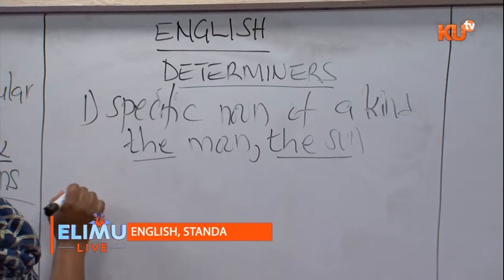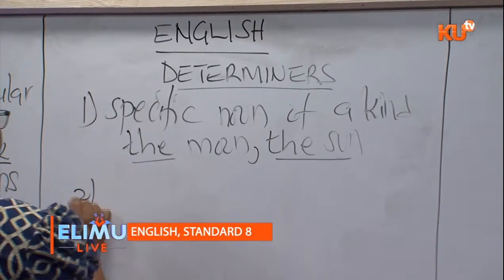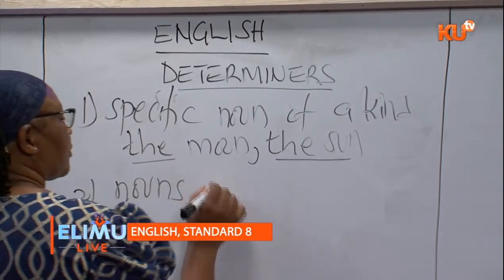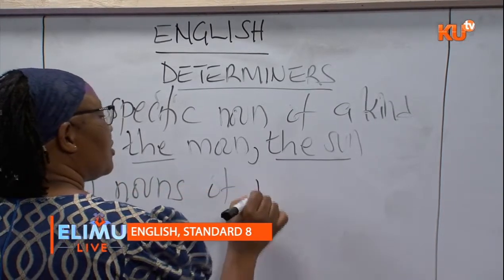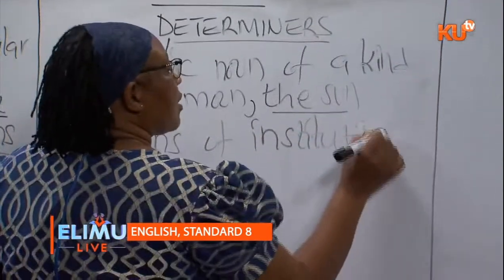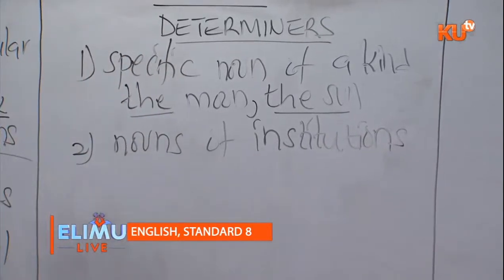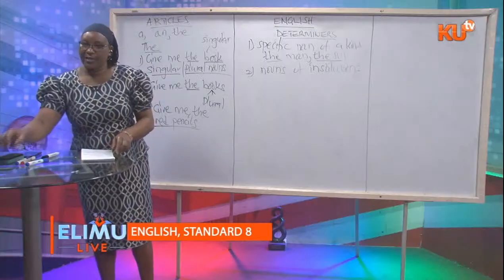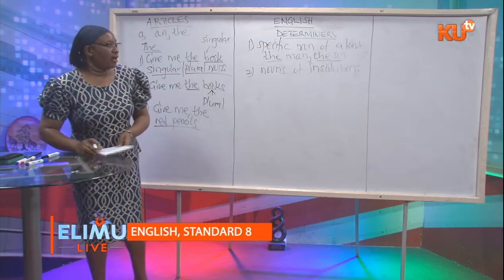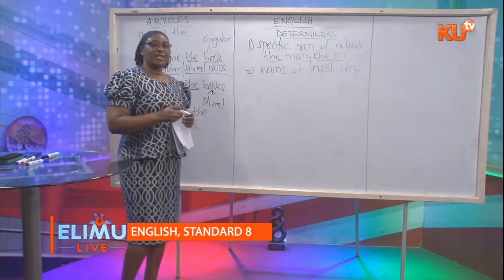Before nouns referring to institutions. For example, the Kenyatta University. We have only one Kenyatta University.